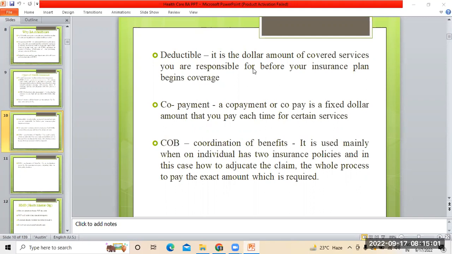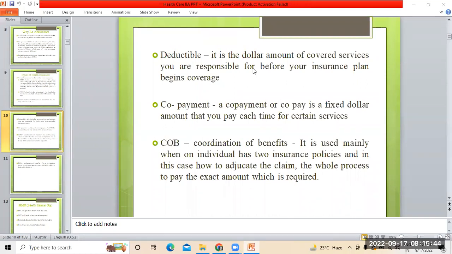When it comes to COB, it's coordination of benefits. Majorly, this is used when an individual has two insurance policies. Because sometimes people have a regular insurance, followed by some private insurance plans as well. So they have to take care of both. So the regular plan, followed by a private insurance plan, will also be taken.